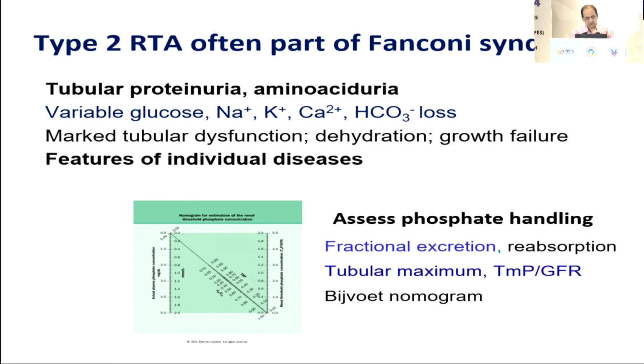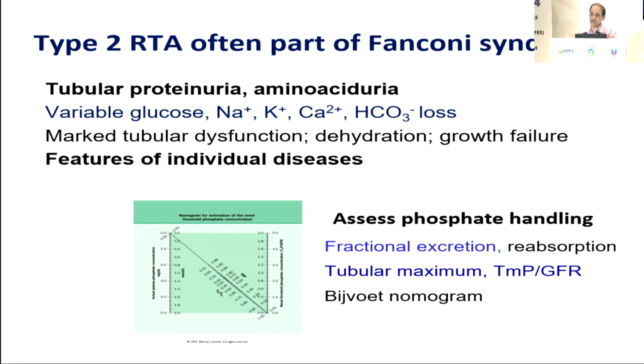Moving on to proximal RTA, most proximal RTA that we would encounter as pediatricians would be in a setting of Fanconi syndrome. The Fanconi syndrome, or what is now called the Fanconi renal tubular syndrome, is really a combination of losses of a number of ions or substances in the urine. But the most constant, and what you're looking at most importantly, is the presence of tubular proteinuria and aminoaciduria.